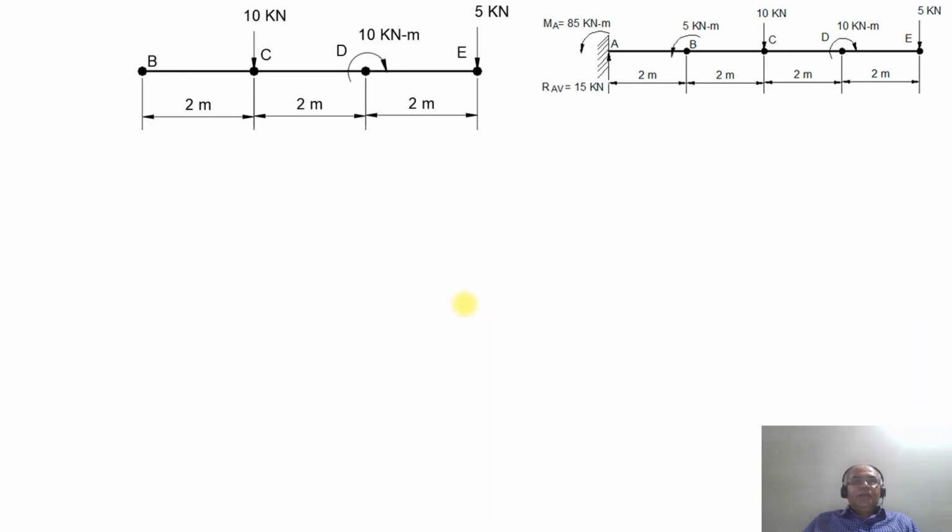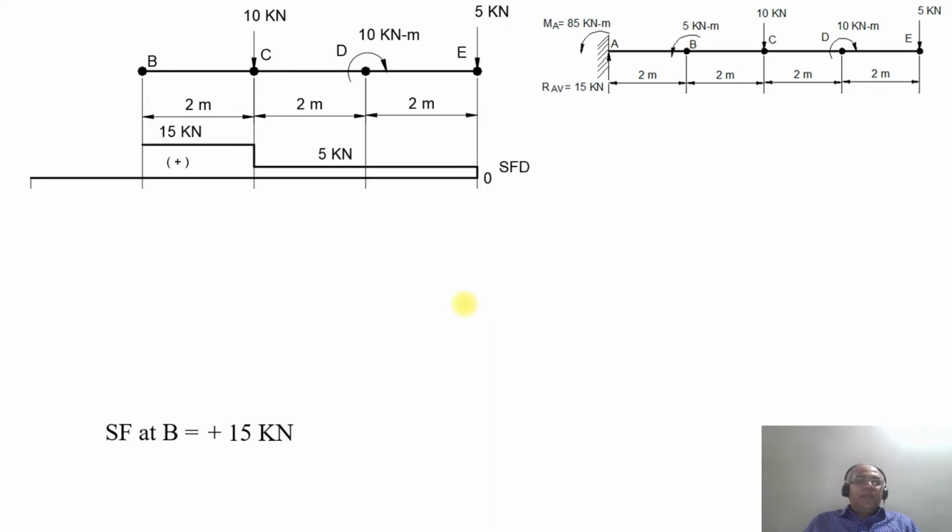So now, when we are considering the point B without the couple, see what happens. Between C and B, as there is no other load acting, the SF remains constant at plus 15 kilonewton. So SF at the point B will be equal to plus 15 kilonewton. As we see here, between B and C, it remains constant at plus 15 kilonewton.